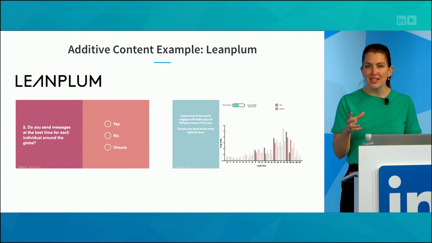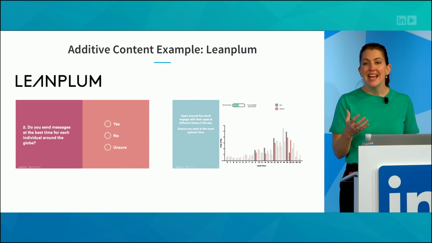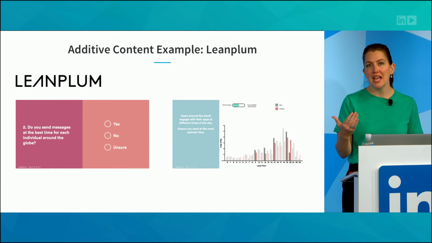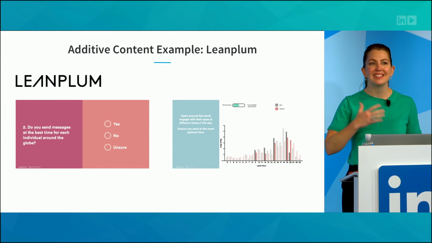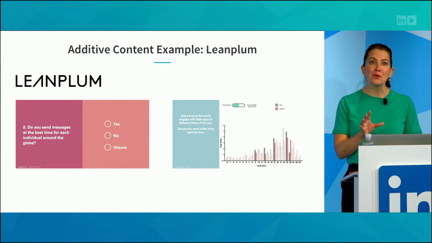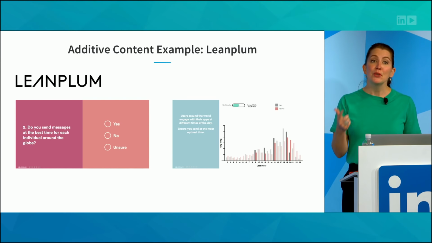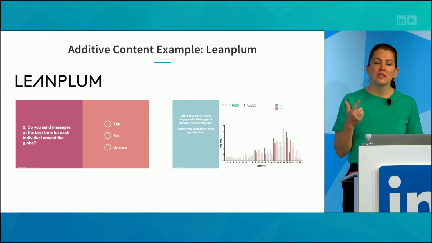Now, what's great about this is that they've created a way to get proprietary information from marketers that they can then essentially create a state of report. So this is the state of mobile push notifications, for example. So this is a really great way of leveraging, one, interactive content, which we'll talk about here in a little bit, but two, the proprietary information that you're getting from marketers to create a larger content piece.